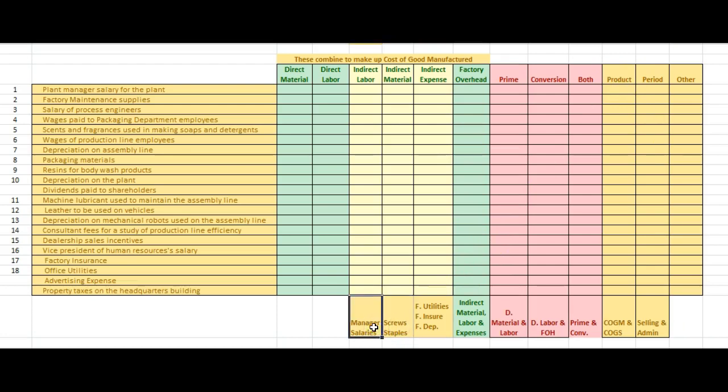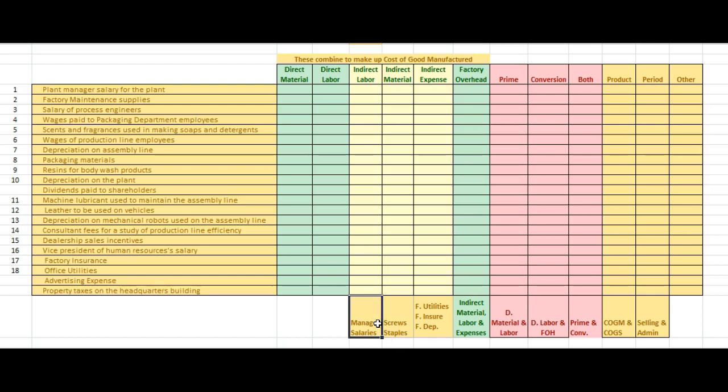This could be manager salaries, supervisor salaries, lead people salaries, any type of support worker who is helping the assembly worker put the part together, who's supporting them. It could be maintenance, it could be janitorial.